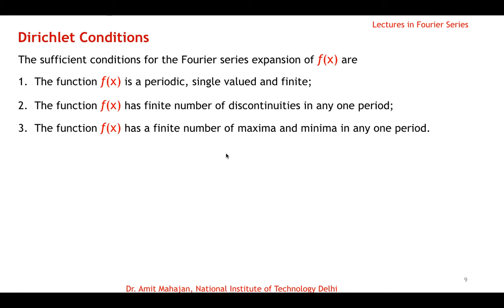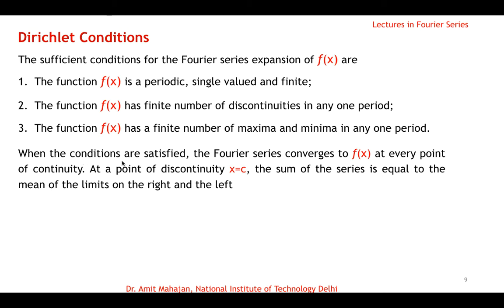So when the conditions are satisfied, the Fourier series converges to f(x) at every point of continuity. That means we can expand the function into an infinite series of sine and cosine, and the right hand side series actually converges to the function at every point of continuity. And because there can be a jump discontinuity, at the point of discontinuity, say at x equal to c, the sum of the series is equal to the mean of the limits from the right and left at that point.